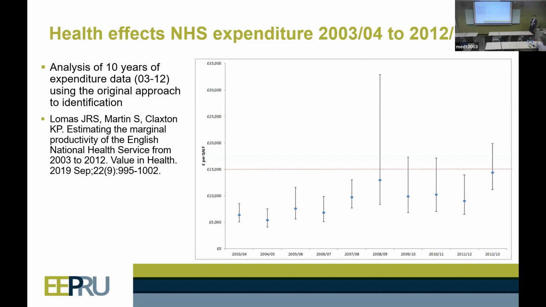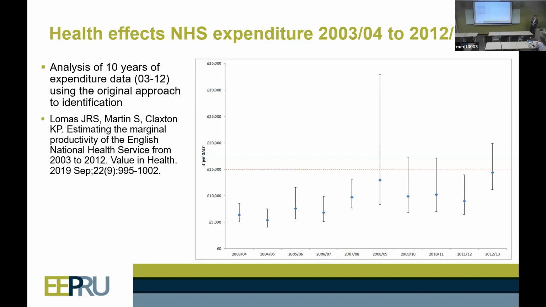And the results were similar to what that very widely cited report was presenting. So really, this is a story of, we presented results that are consistent over those 10 years. And what this work has been summarized as saying is that it looks like the NHS spends, or the weight of evidence is they spend, less than £15,000 to generate one additional quality adjusted life year.